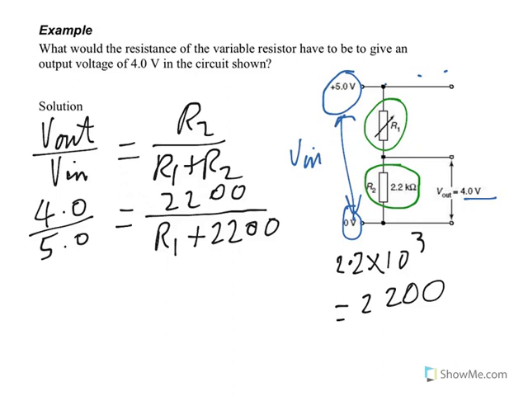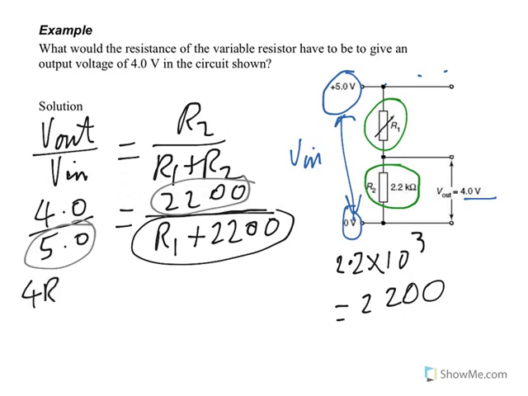Alright, then do a bit of rearranging. So multiplying both sides by R1 plus 2,200 and both sides by 5. When we do that, we get this.